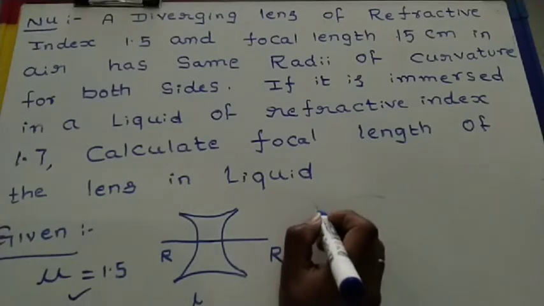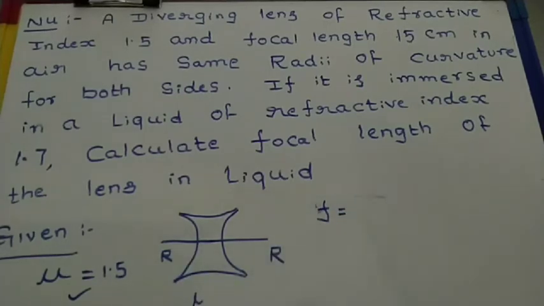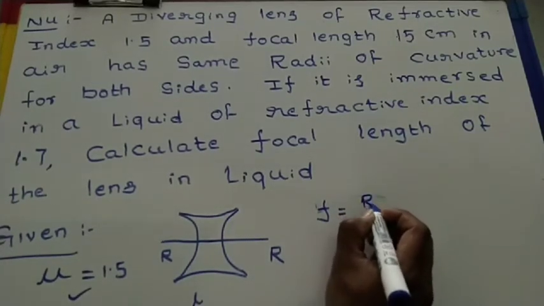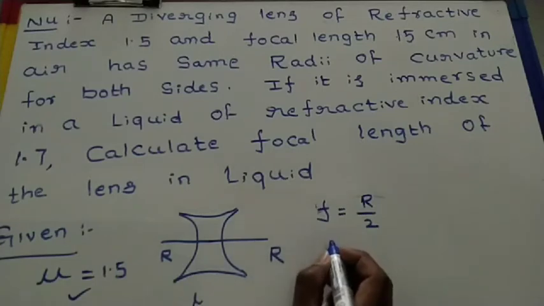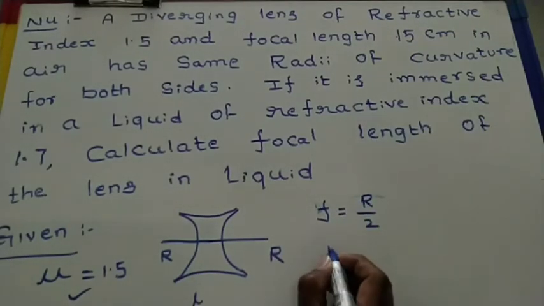And we know that f is equal to R by 2. Now tell me, what is the focal length of this one? Here f is equal to, how much?